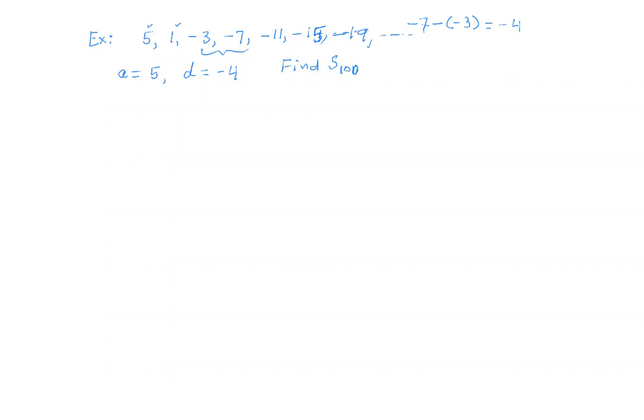Technically that is going to be A1 plus A2 plus ... plus A100. If you write it in summation notation, it's going to be the sum from i equals 1 to 100 of A sub i. This is the compact notation. This is the expanded notation.